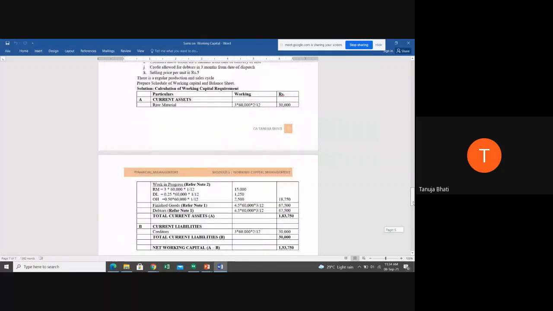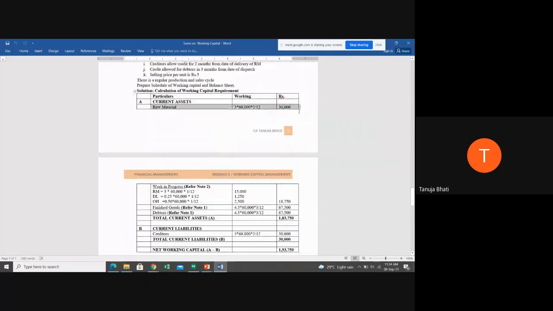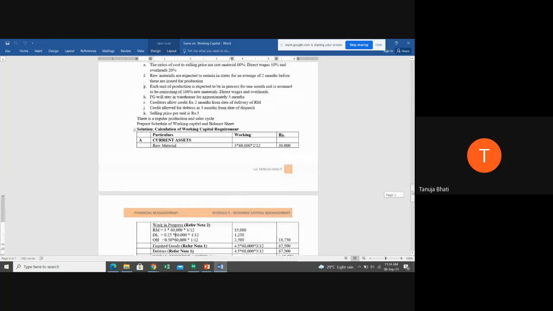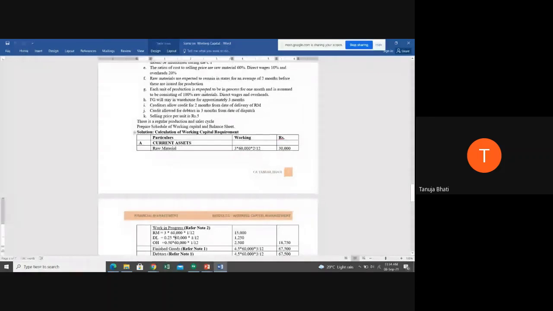So see here, raw material calculation we have seen. Three elements will fall under work in progress, that is raw material, direct labor and overheads. Raw material you're going to take at complete 100%. So 3 into 60,000, where 60,000 is the units of production and 3 is the per unit cost, into 1 by 12, because they have told us that the work in progress period is 1 month.